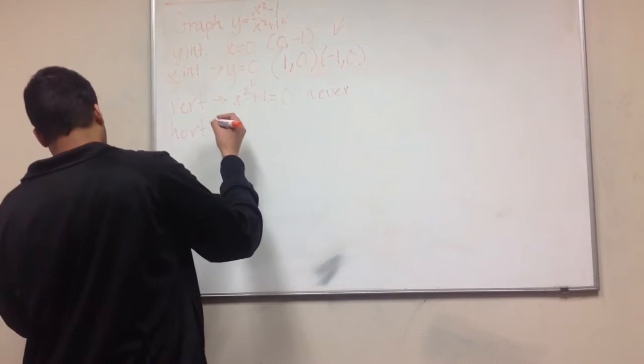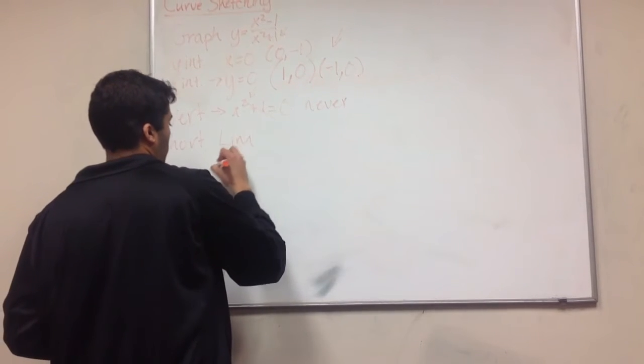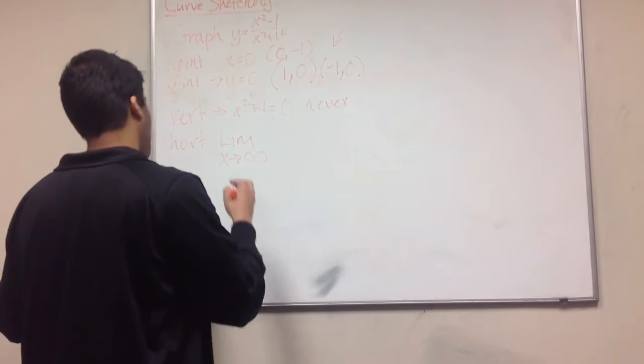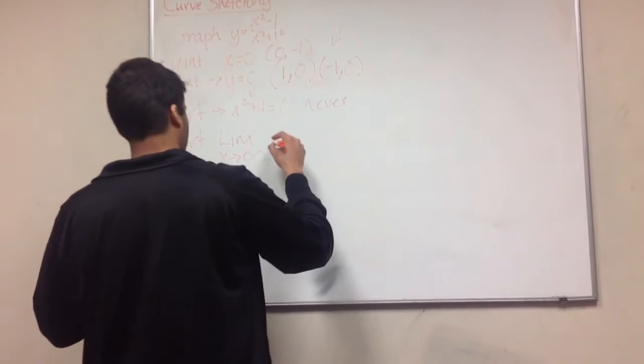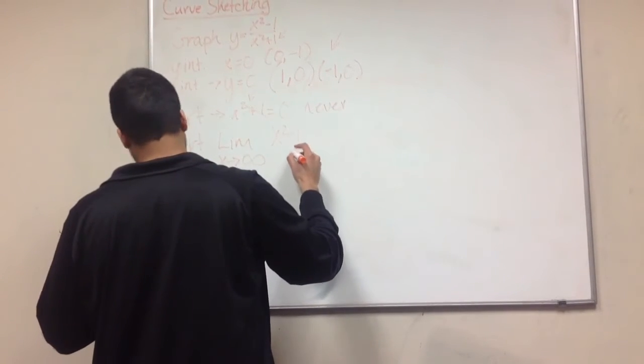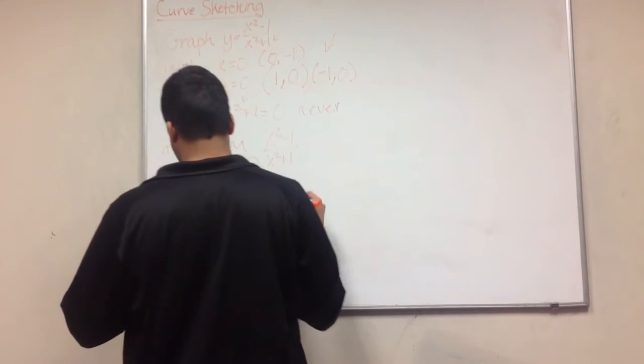However, for a horizontal asymptote, we can use the limit definition. As x goes to infinity, we have x squared minus 1 over x squared plus 1.